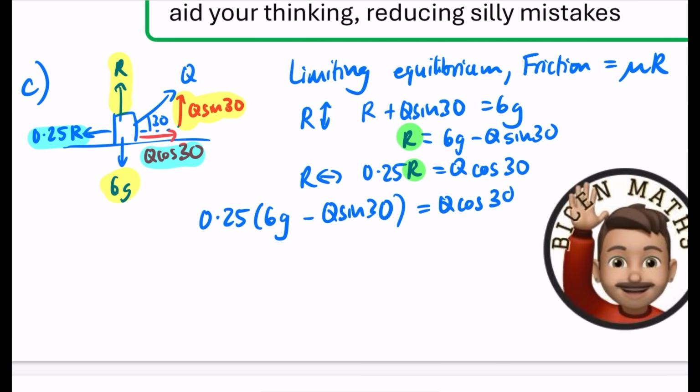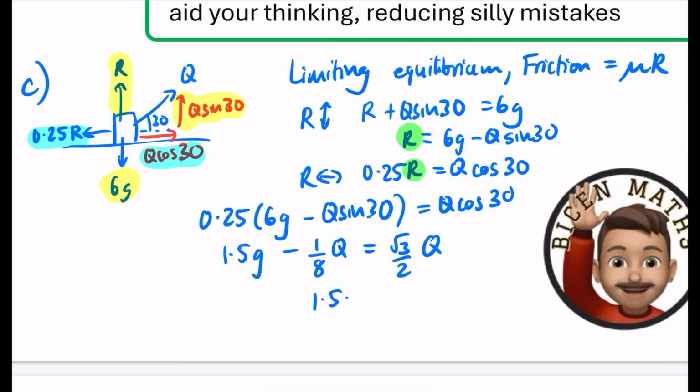Okay, so 6 times 0.25 is 1.5g minus, I'm actually going to do the sine 30. Sine 30 is a half. A half times 0.25 is an eighth, so this is minus 1/8 Q. And Q cos 30 is root 3 over 2 Q.